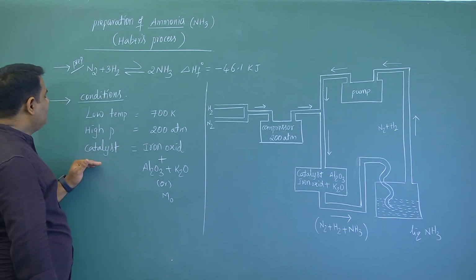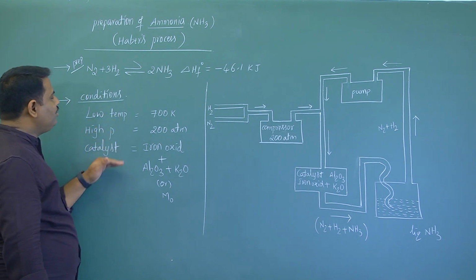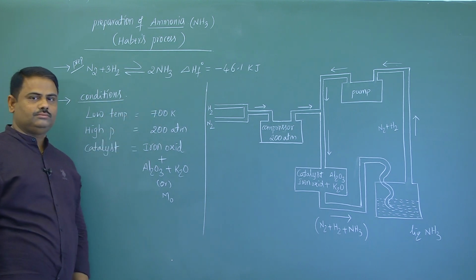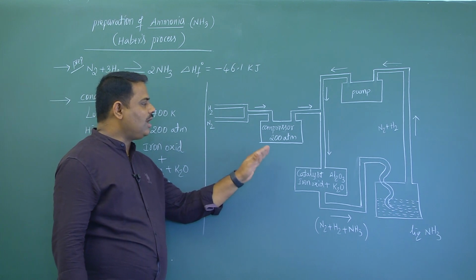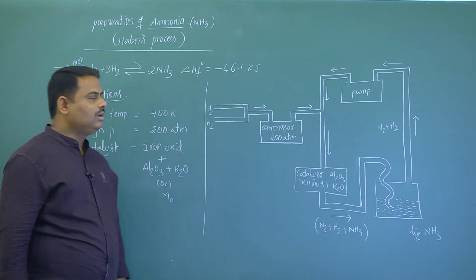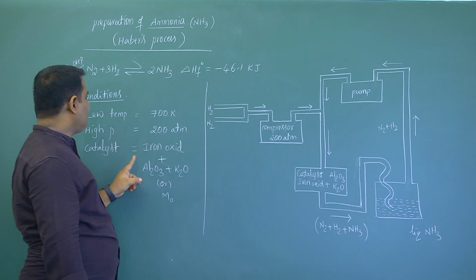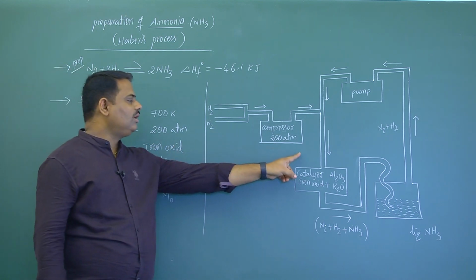And second one is conditions required to prepare ammonia. And third one is flow chart. Now here 1 mark for conditions, 1 mark for flow chart.